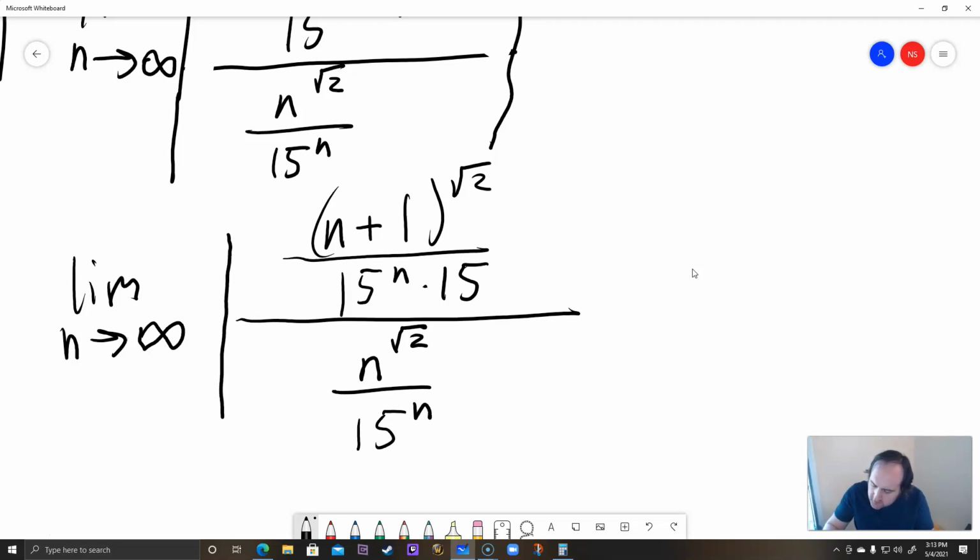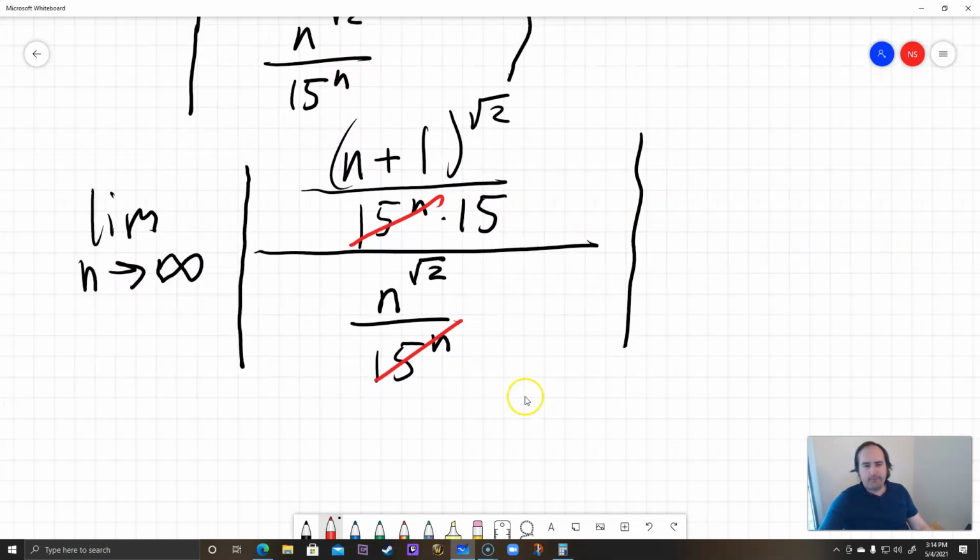And then we have an absolute value around this whole thing. Now the 15 to the n in each denominator, those are going to cancel out. And we just have a 1 over 15 left over, so we can bring that out front.